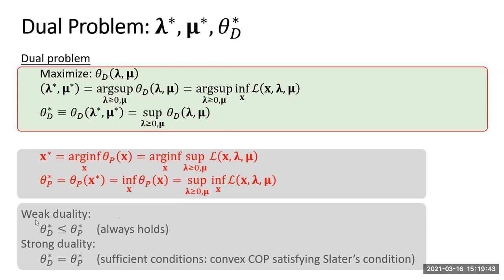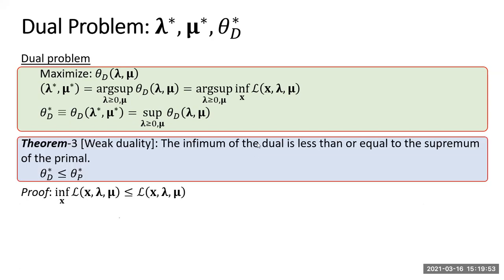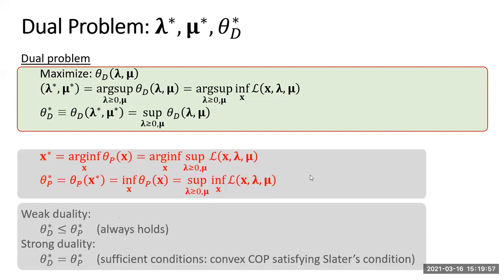Now, theta d star has to be less than or equal to theta p star. Weak duality will always hold. Why? This is trivial to show. If you maximize first and then minimize, you'll get a higher value than if you minimize first and then maximize.